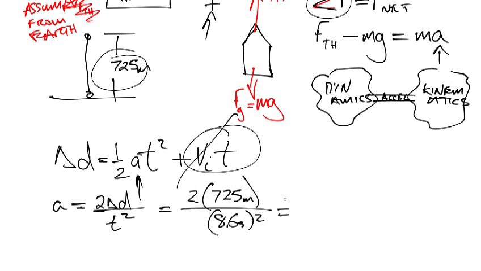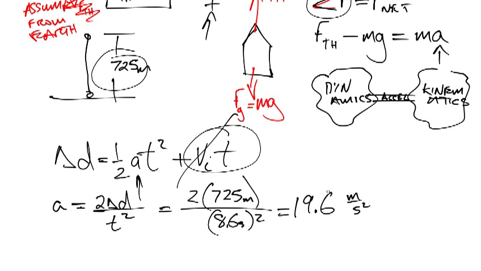Let me take out my trusty calculator, and we're going to get an acceleration of 19.6. So this is pretty much approximately 2 g's. That's a decent acceleration. This is obviously meters per second squared.